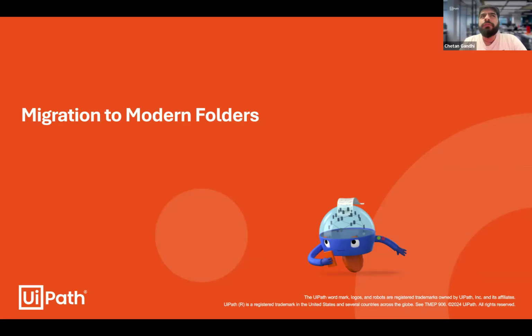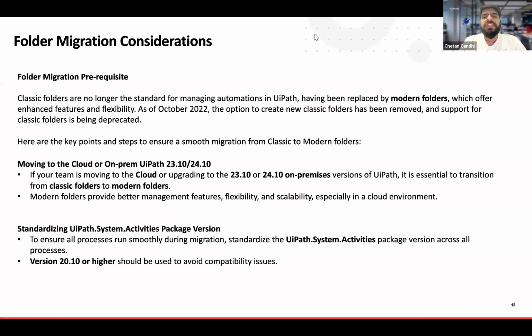Here in the modern folder we have that functionality. The second benefit is dynamic allocation of the licenses across multiple robot accounts rather than just considering one, because in the classic folder you have one robot, one machine mapping. Here it isn't like that. So these are the basic fundamentals that we are changing from classic folder to modern.